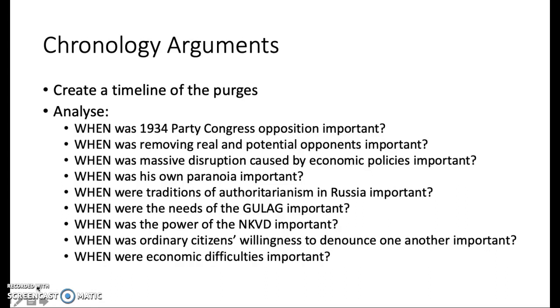Did he suddenly become more paranoid in 1934? Was the power of the NKVD at a peak in 1934 or 1936? Does that explain why the purges began? So think about those things and think about when the purges began and when each of those factors was especially relevant.